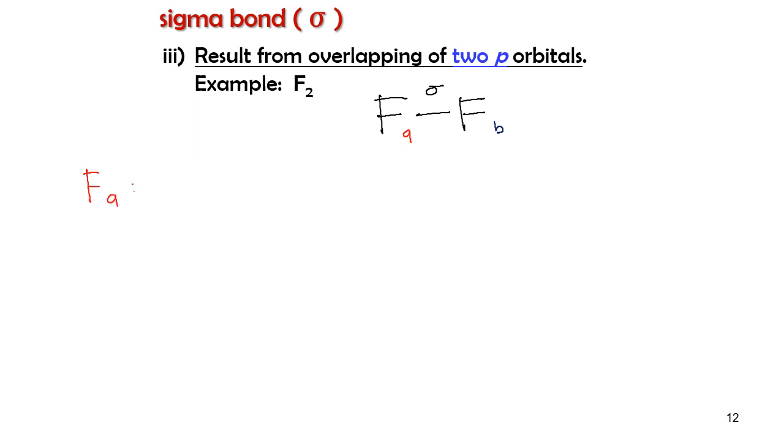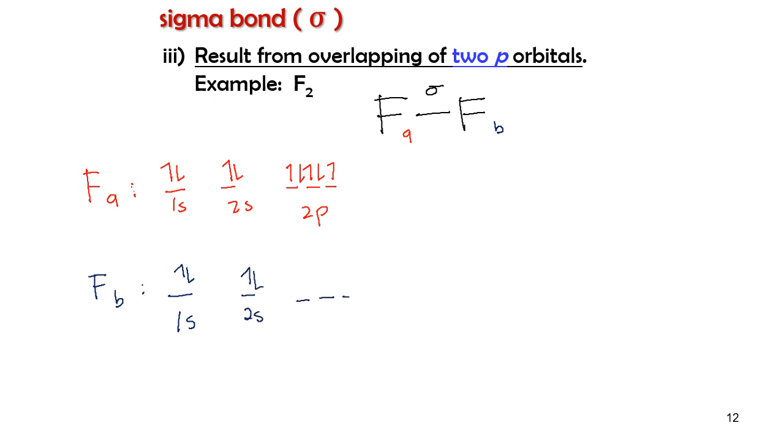you can write the electronic configuration 1s2, 2s2, 2p5. For the second fluorine atom, you have the same electronic configuration, 1s2, 2s2, 2p5.